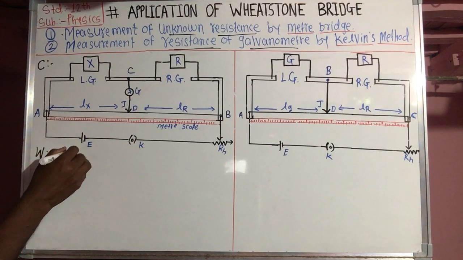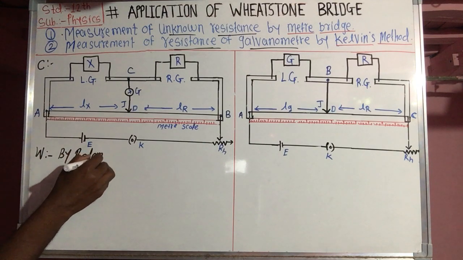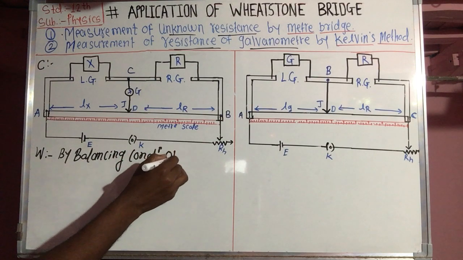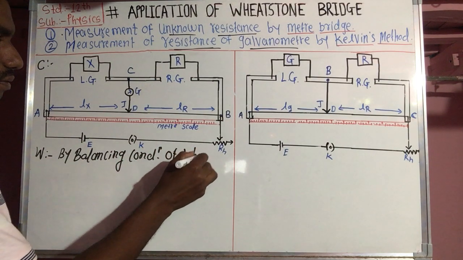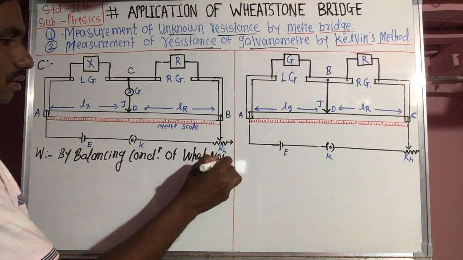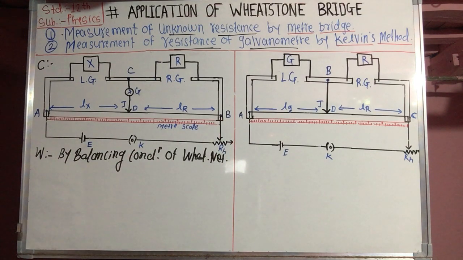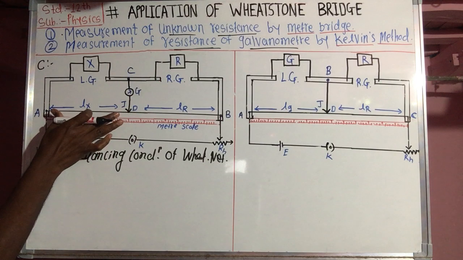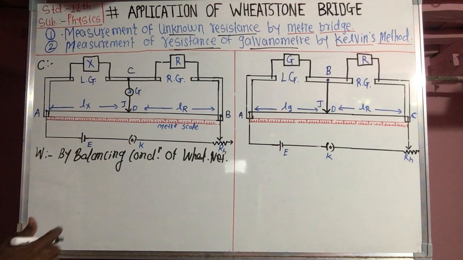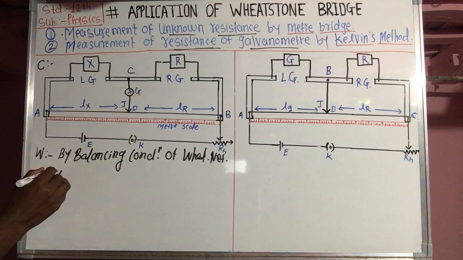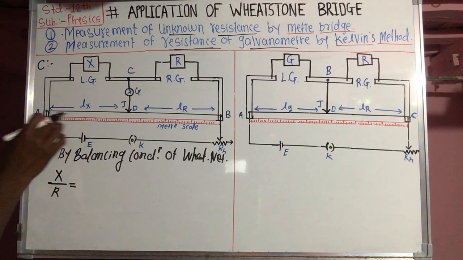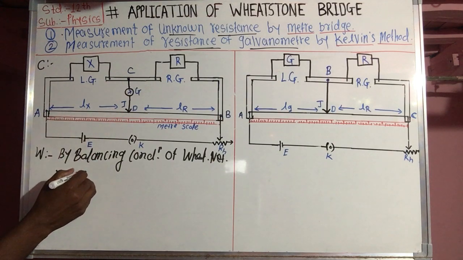Here four arms are produced: X, R, and this one AD and DB. So we write the balancing condition as X upon R equals the resistance between the points A and D, RAD, divided by RDB.